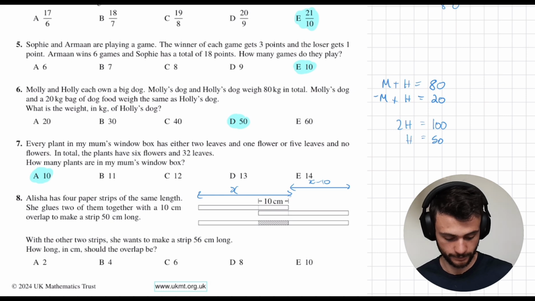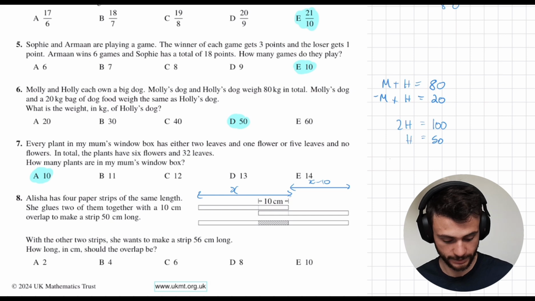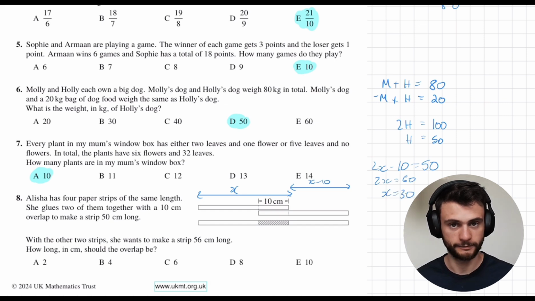We know that the whole length is 50, so 2x minus 10 is going to equal 50 centimeters. I'm just going to write that here. I don't want my face to get in the way. So 2x equals 60 and x equals 30. Perfect. So each strip is 30 centimeters long.